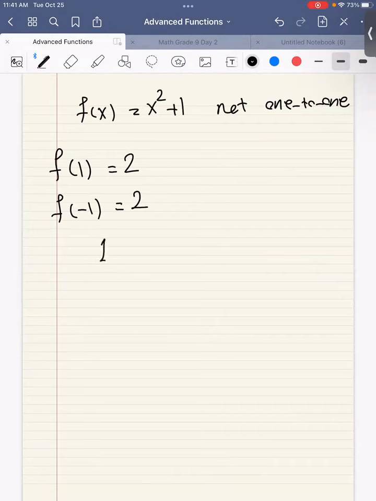So that means f takes 1 and -1 to the same number, and that's why it is not 1-to-1.